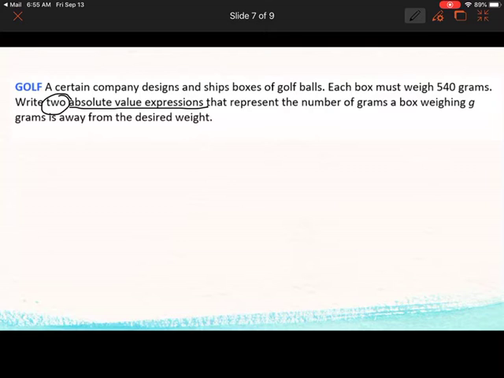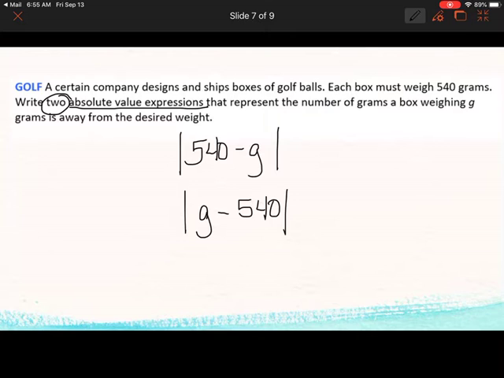So the cool thing about absolute value expressions, I can write my subtraction in either way. So 540 minus G or G minus 540, all in absolute value signs. That's going to give you the exact same answer.